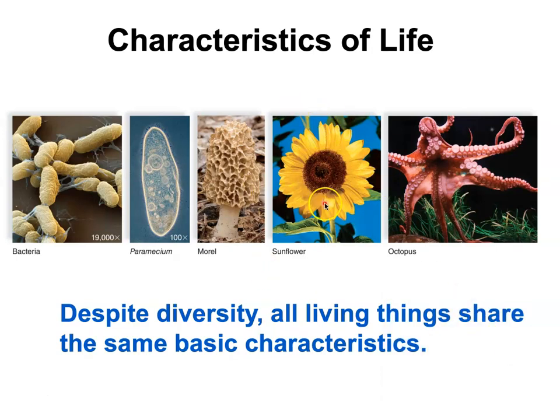So this sunflower here absorbs solar energy, turns it into chemical energy, stored chemical glucose energy, to then be used at a later time. Animals, on the other hand, like this octopus here, have to ingest their food in order to extract nutrients from the environment. That may seem very similar to fungi, but what happens with fungi is they secrete digestive juices and enzymes.